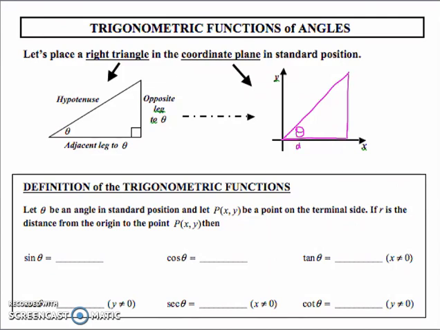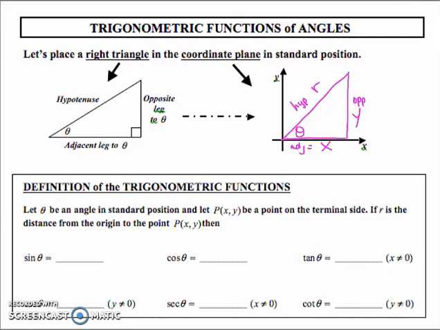So this side adjacent to theta is our x value along the x-axis. This side opposite to theta would be our y. And our hypotenuse here we're going to call our r, or our radius.